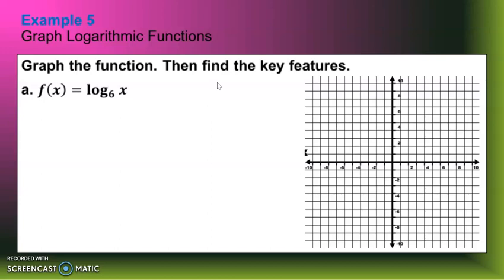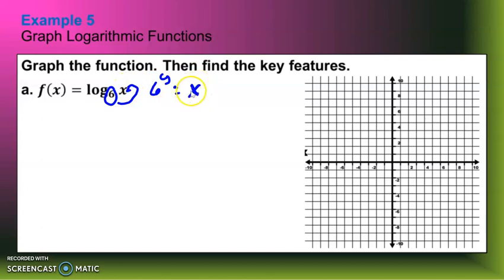You keep it simple by changing this to an exponential function. So really, this would be base 6, so my f of x is equal to 6 raised to the y power equals my x term, which is here.